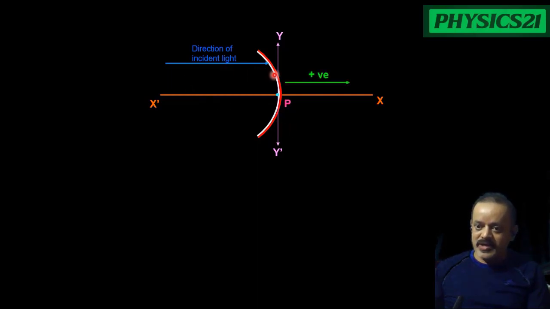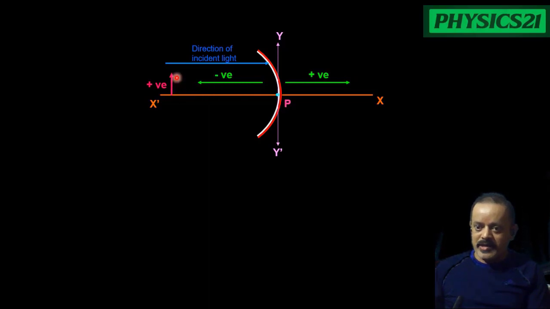When the object is placed towards the left, this is the direction of the incident light. When we measure distance towards the left, that will be negative. When we measure distance towards the right, it will be positive.